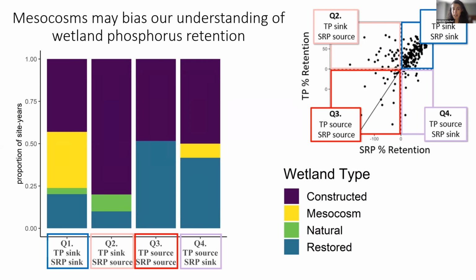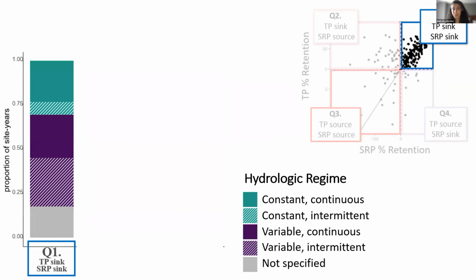But I think it's really telling because we use mesocosms in our models and in building our understanding of how wetlands work. So it's just interesting to think about how that might be biasing our understanding of how well wetlands are able to remove phosphorus from surface water.